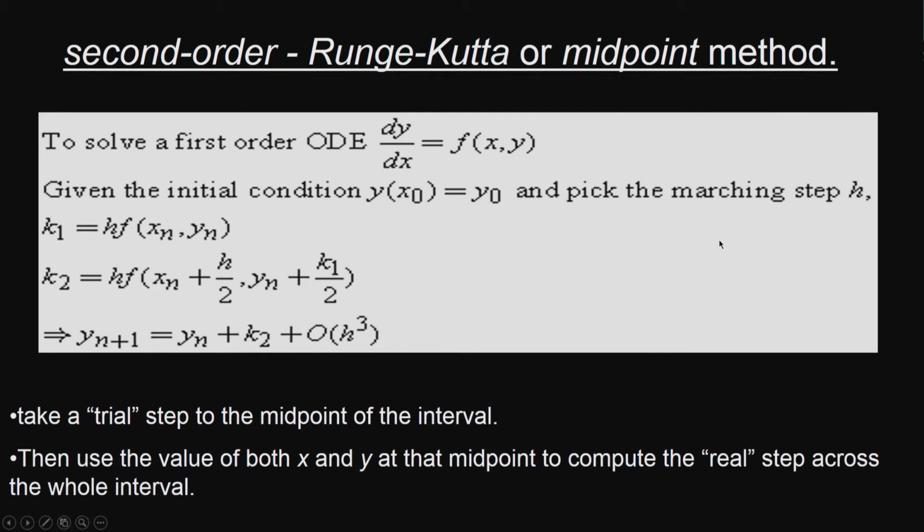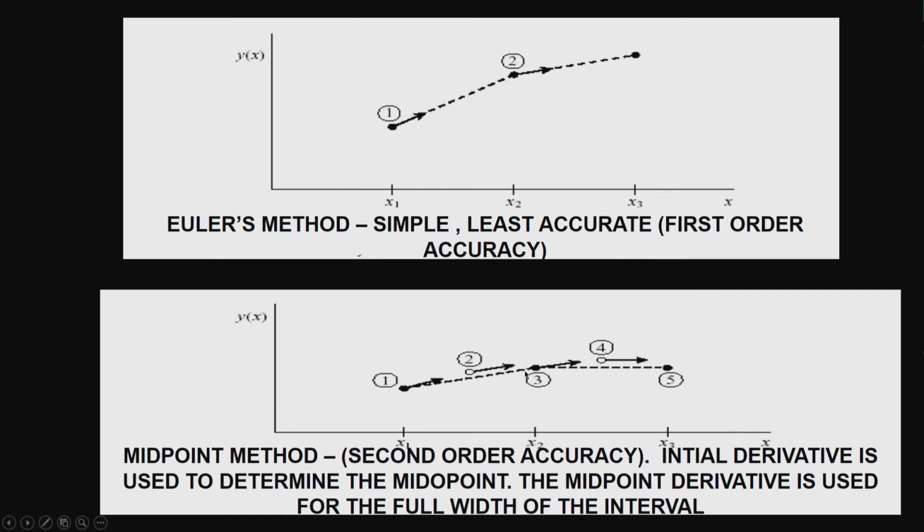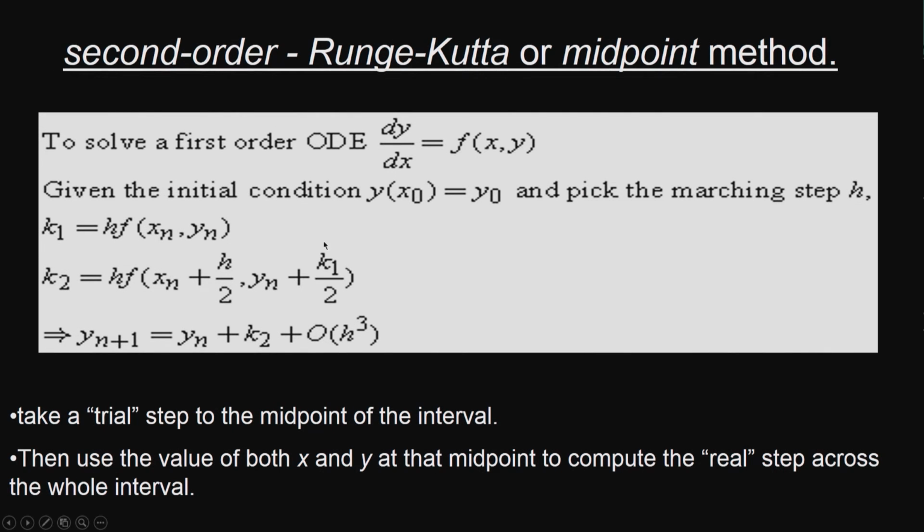This is the midpoint method, that is the midpoint here, which you make use of to calculate yn plus 1. So, if you want to solve dy by dx is equal to f(x, y), the initial condition is y(x naught) is equal to y naught. Okay, so we have the step length. First calculate k1, which is h into f(xn, yn), that is at the starting point.